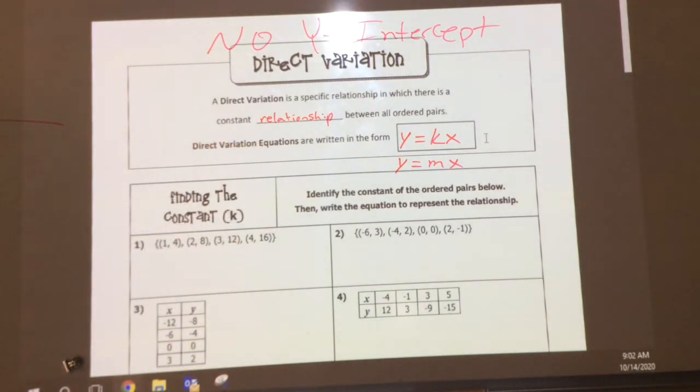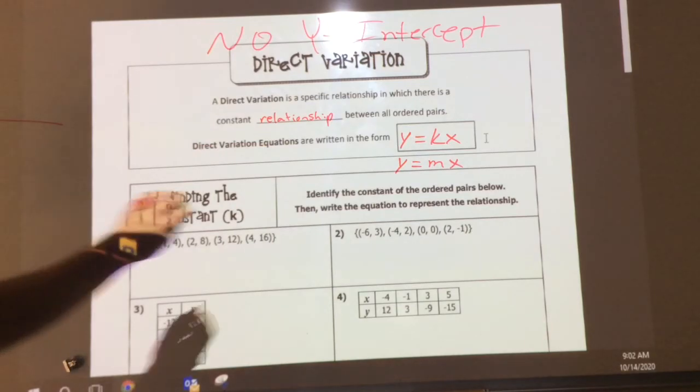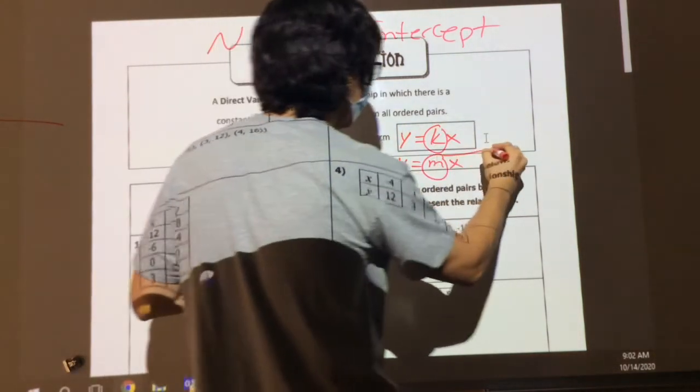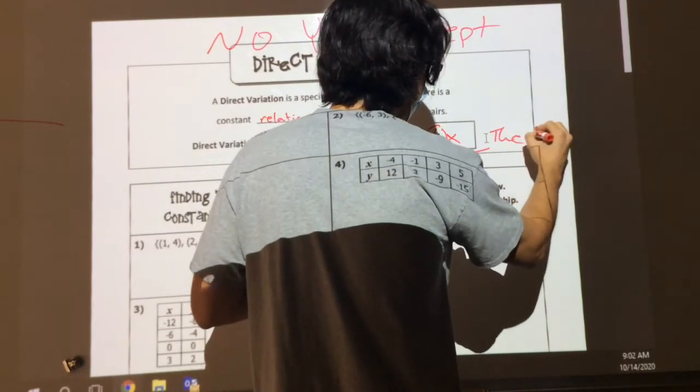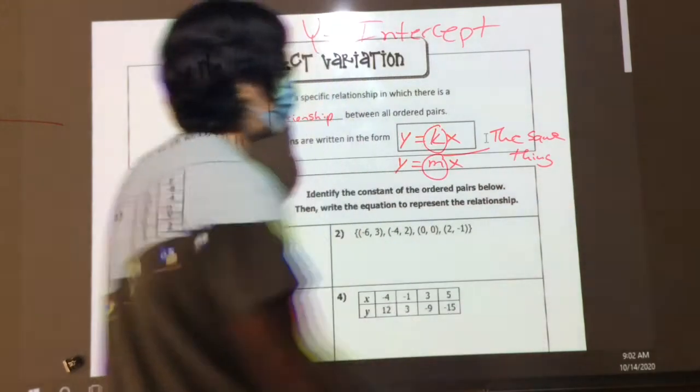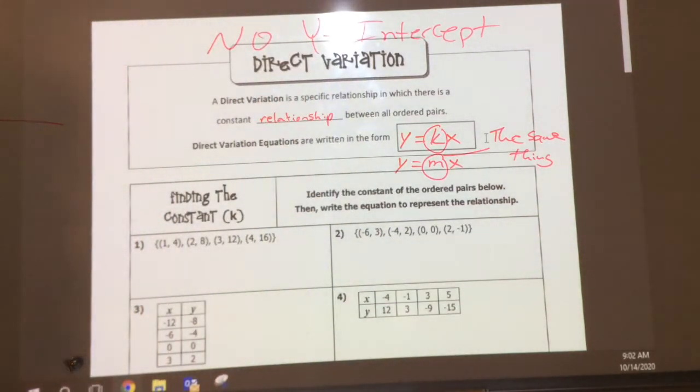What I want to connect the dots here, though, is that the k and the m are the same thing. We're all okay with that? Okay? Questions? No?